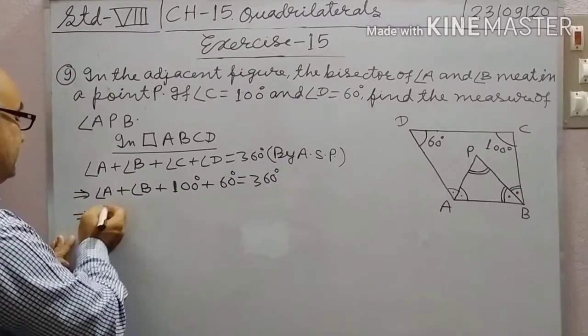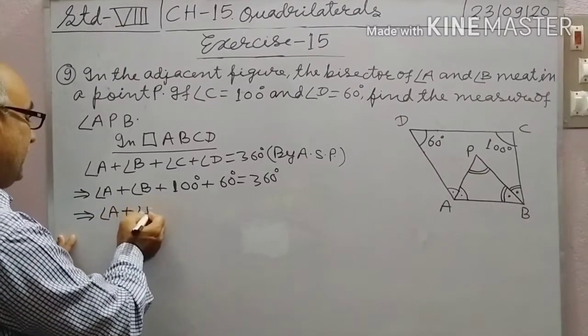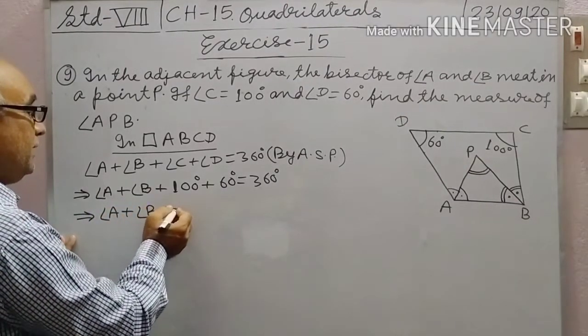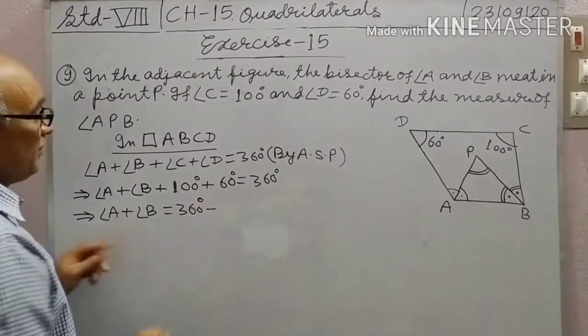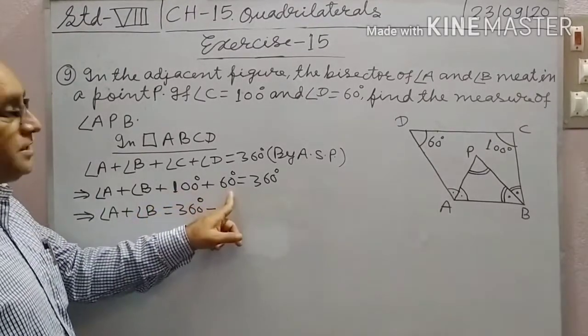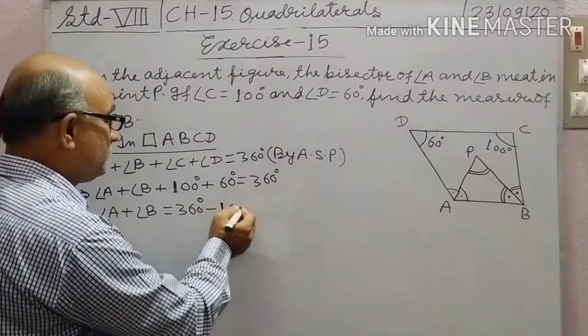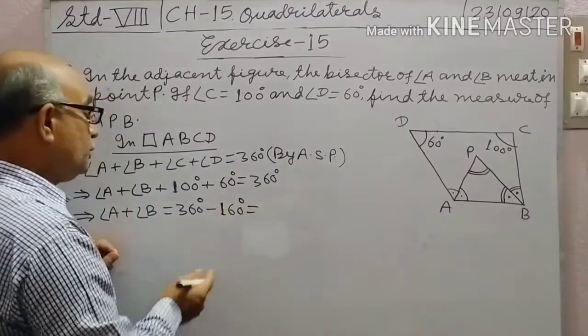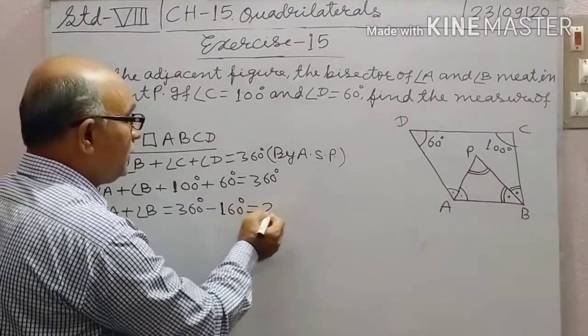That implies angle A plus angle B equal to 360 degree minus 160 degree equal to 200 degree.